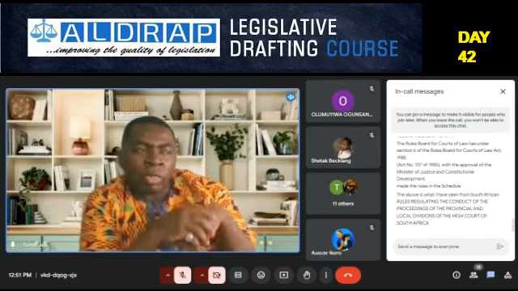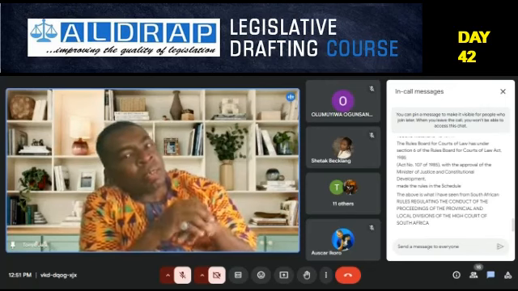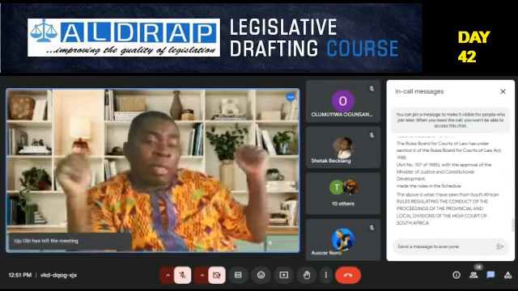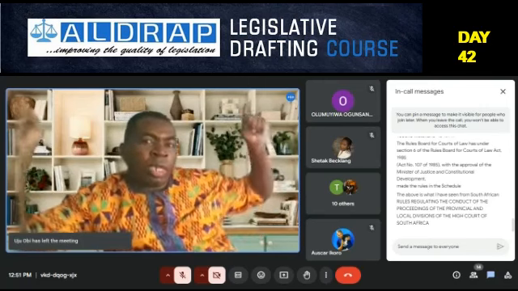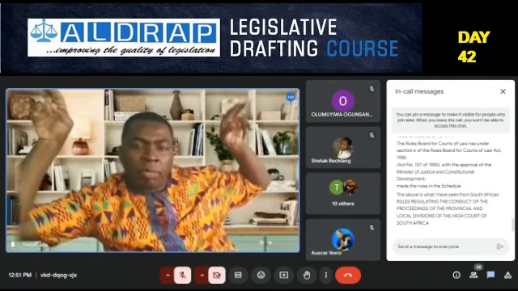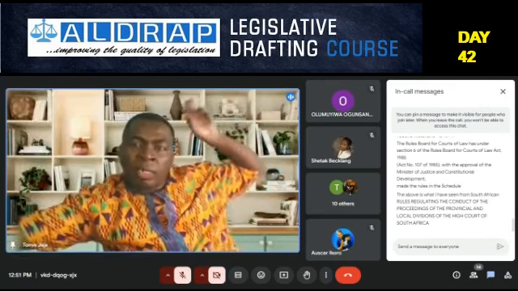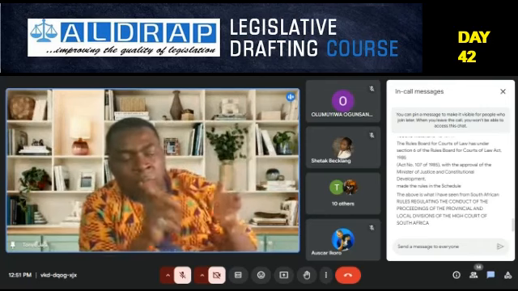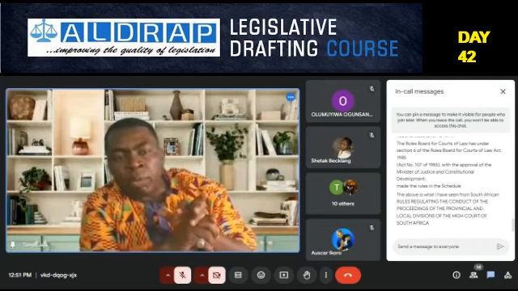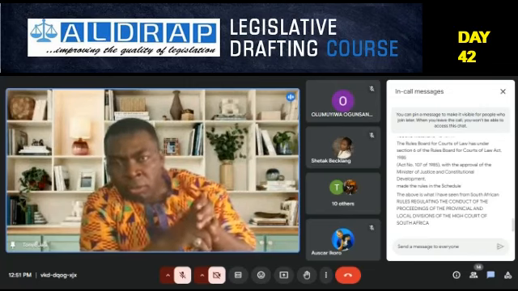Then the second way to couch a definition is when you want it broad: in this Act, "vehicle shall include," then in quotation marks, you start listing all the things you want vehicle to include. Trailers, motor cars, motorcycles, bicycles.